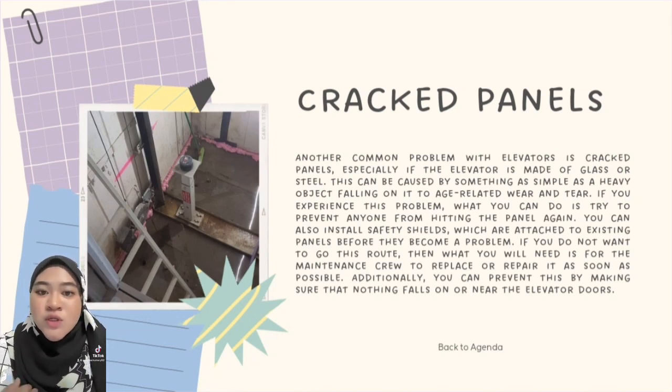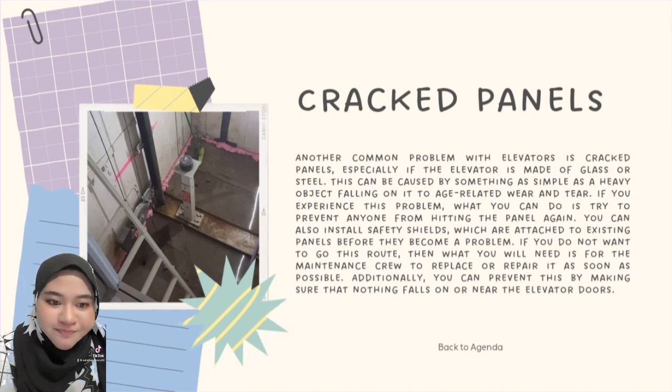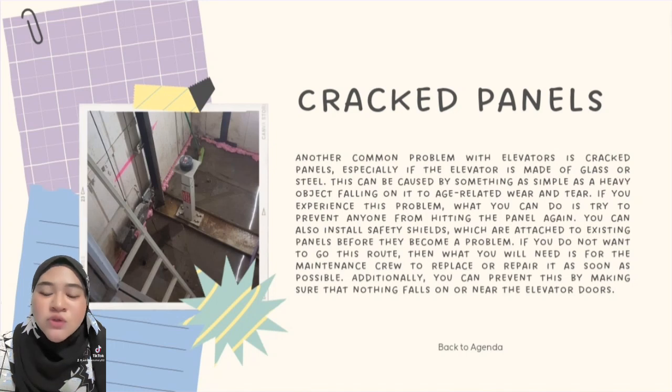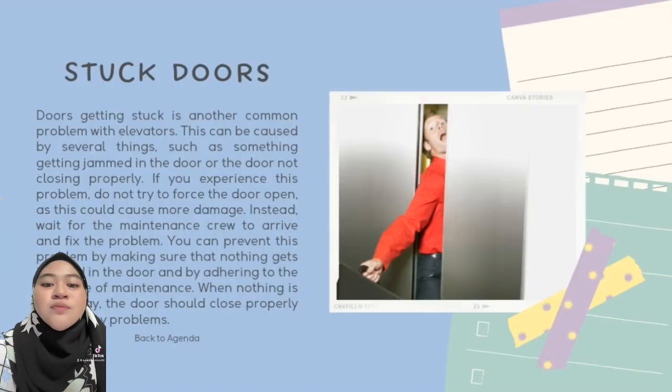You can also install safety shields attached to existing panels before they become a problem. If you do not want to go this route, then the maintenance crew needs to replace or repair it, making sure that nothing falls on or near the elevator door.